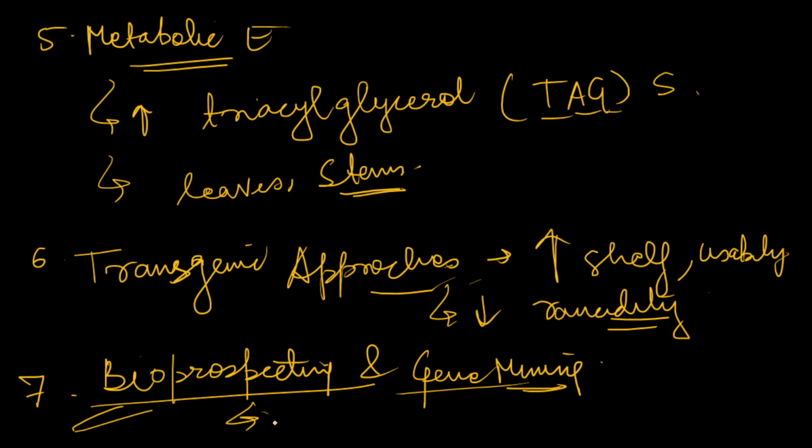So here we can use wild relatives, we can use microorganisms. From anywhere, if we are getting some good genes to enhance the oil quality and content of oil crops, we can use it.